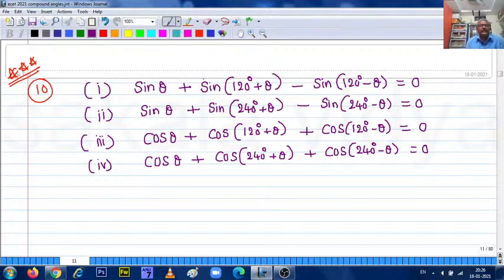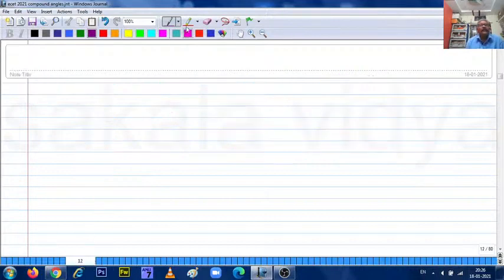Okay, next, let us move to the 11th formula. The 11th one is very important. These are also shortcuts you need to remember.